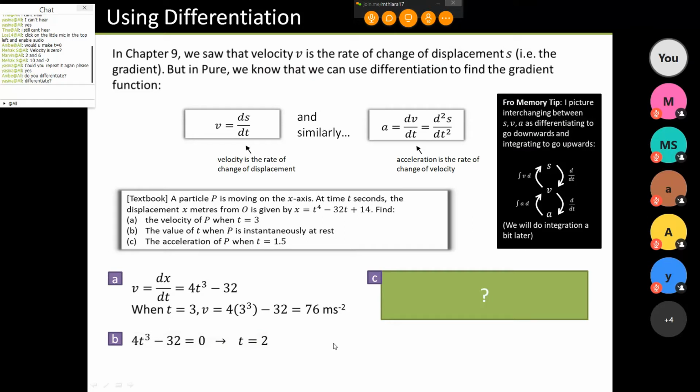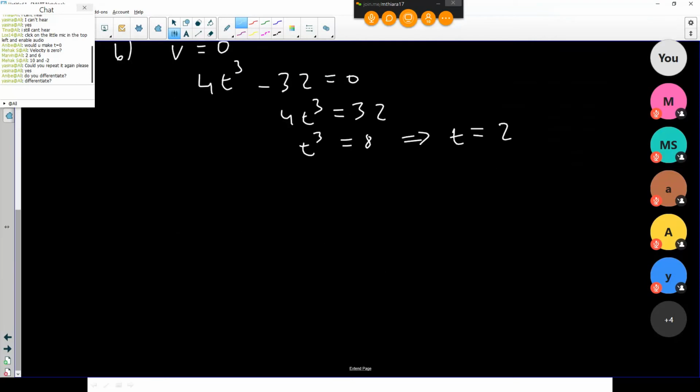Okay. Now, for part C, it wants the acceleration of p when t equals 1.5. So we've been asked to work out acceleration equals question mark. So how am I going to get acceleration from my velocity?